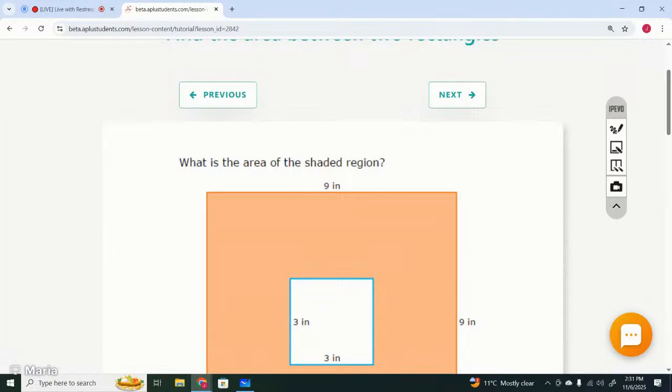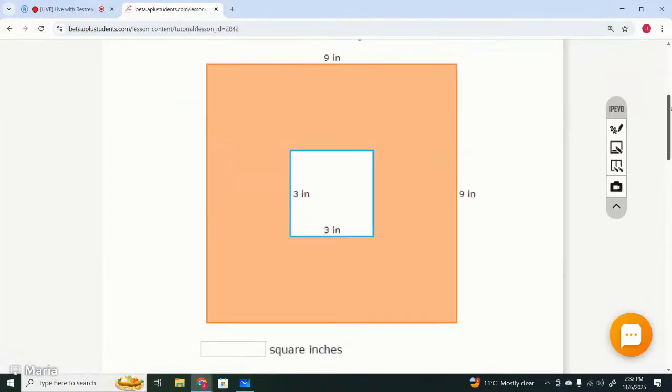Find the area of the shaded region. So we are given two squares, the inner one, right? You need to find the area of the shaded region.